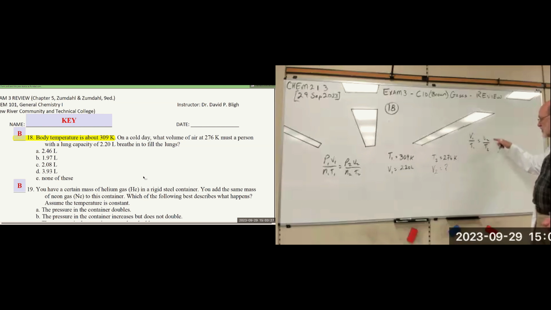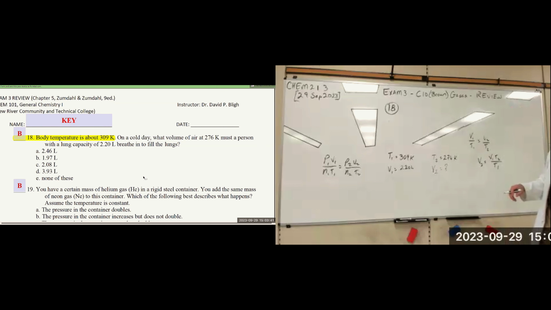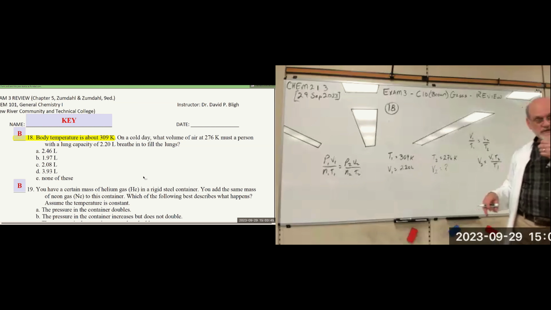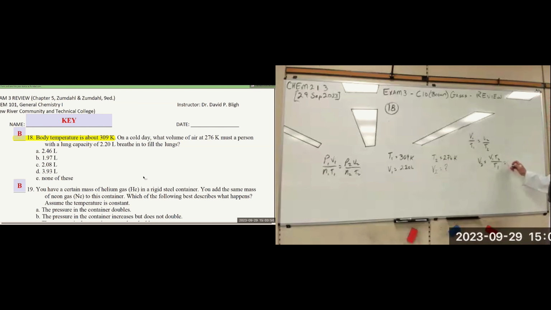And we want volume 2. So volume 2 is equal to V1 T2 over T1. And the temperature is already in Kelvin, so you don't have to worry about that. And the volume units don't matter as long as they're in the answer. So V1 would be 2.2 liters, T2 equals 276 K, and T1 is 309 K.